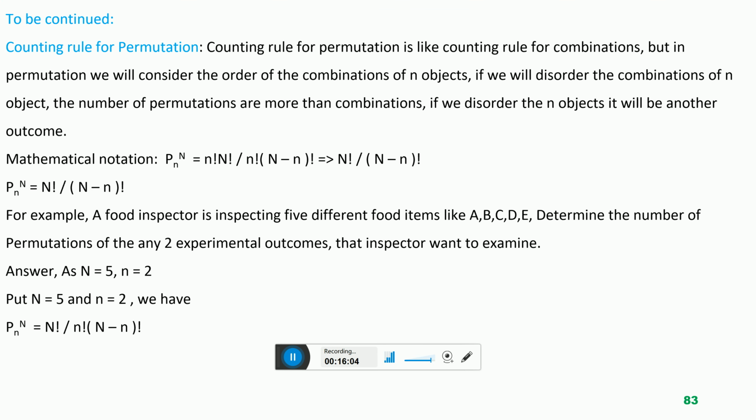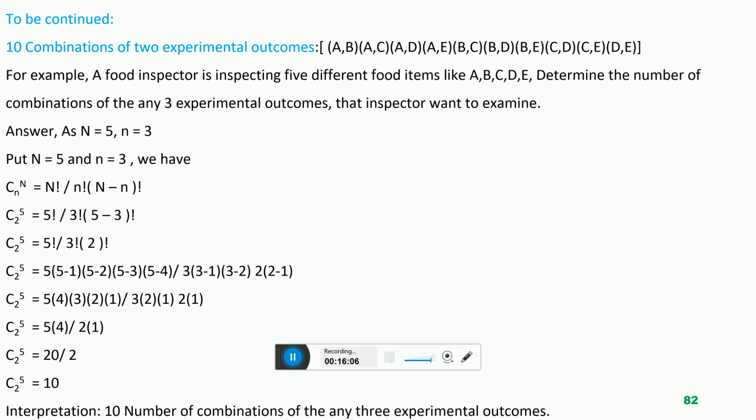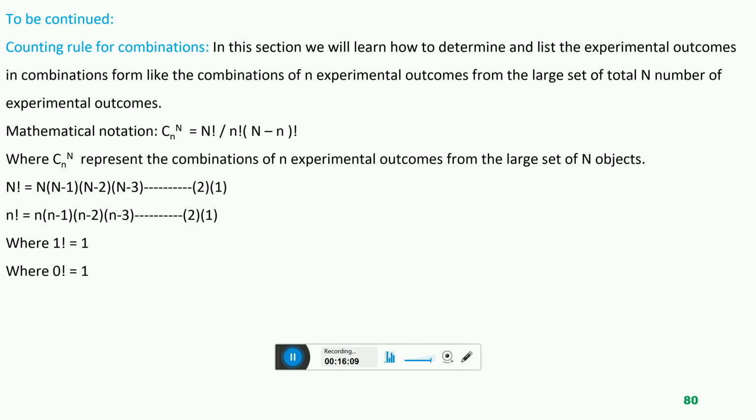Let me again repeat this counting rule for combinations. The counting rule for combinations is used to determine the experimental outcomes of an experiment, but in the combinations form, in the group of items form.